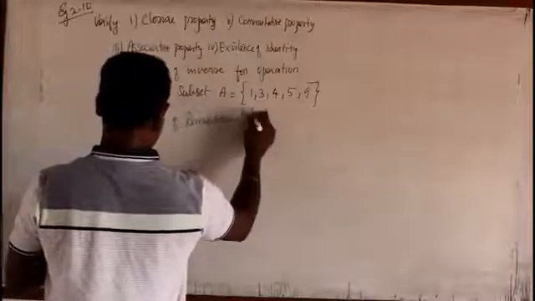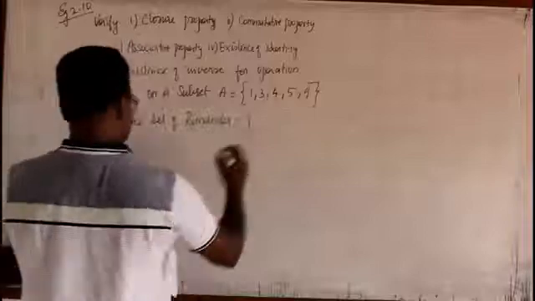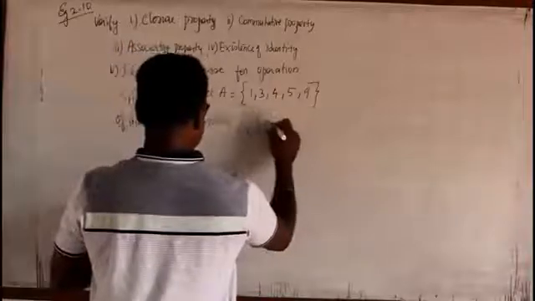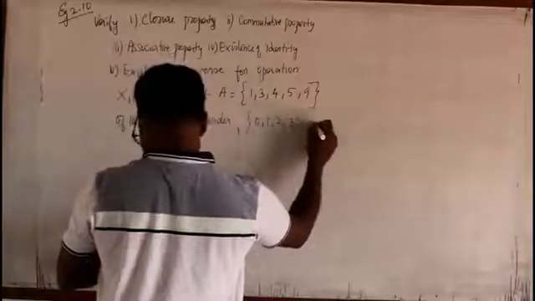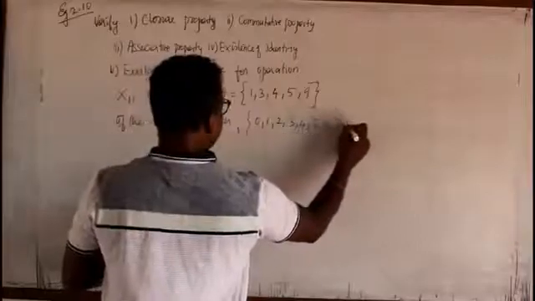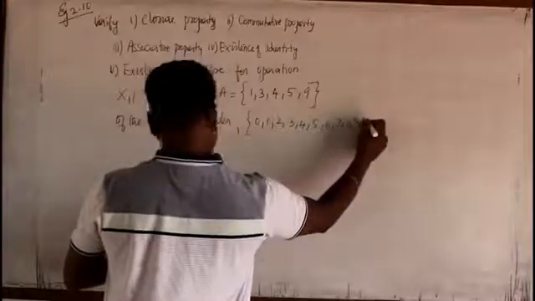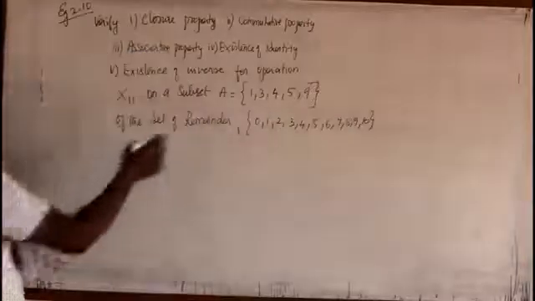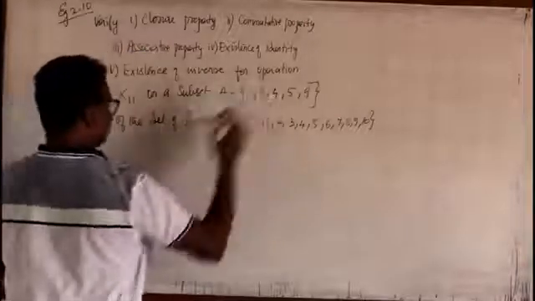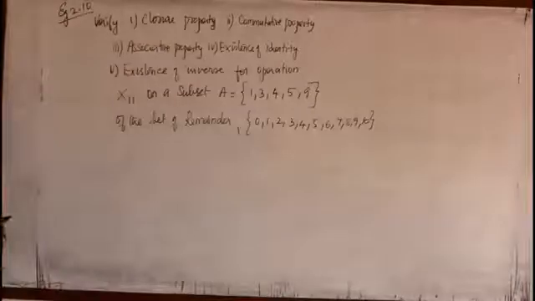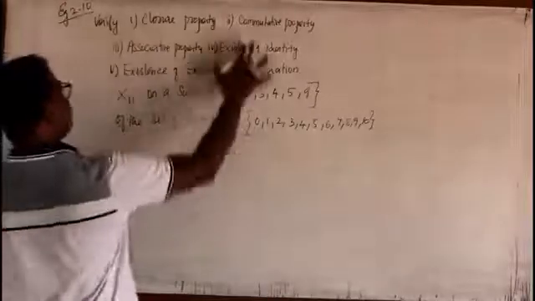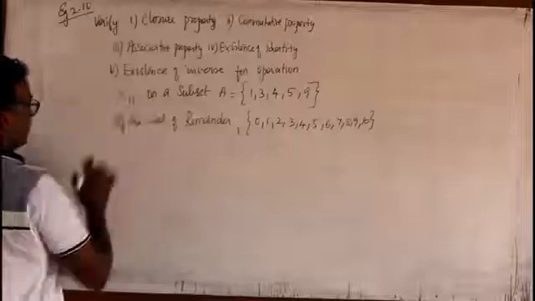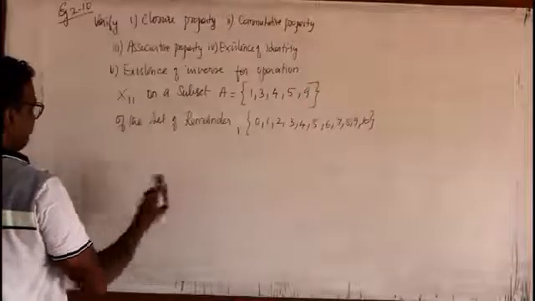What is that set? Remainders 0, 1, 2, 3, 4, 5, 6, 7, 8, 9, 10, because these are the remainders when a number is divided by 11. So they picked only these numbers and they are asking us to check whether these numbers obey all these properties under multiplication modulo 11.